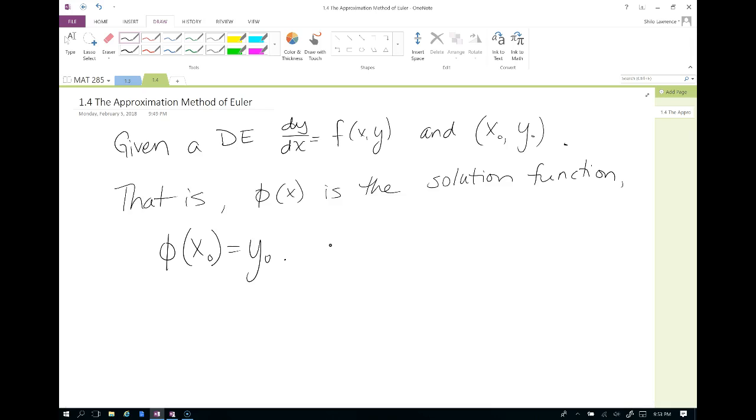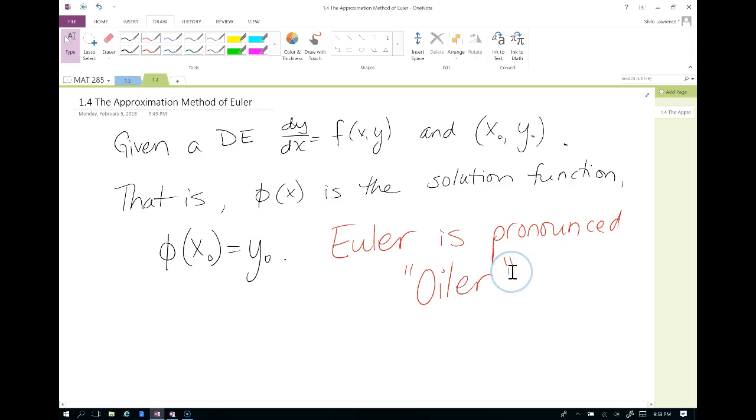So with these approximation methods of Euler, and I know that doesn't look like Euler, so let me write that. It looks like Euler, maybe, but it's actually pronounced Euler.